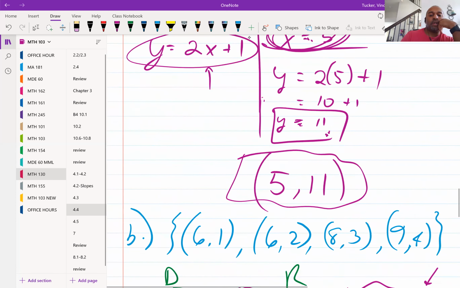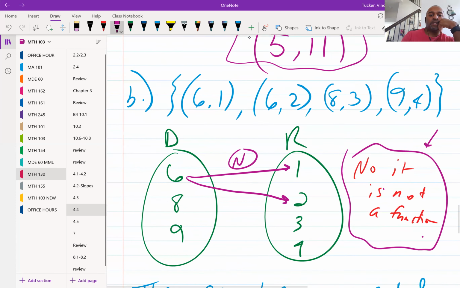And so now when you go here, 6 goes to two different values. It goes to the number 1 and it goes to the number 2. And 8 goes to 3, 9 goes to 4. But because 6 goes to 1 and 6 goes to 2, that stops it from being a function.